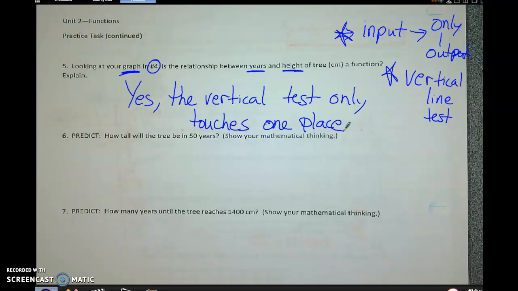Okay. Number 6, how tall will the tree be in 50 years? Thinking back to our function rule, we had y equals 20x, where x is the number of years, 20 is the height per year.